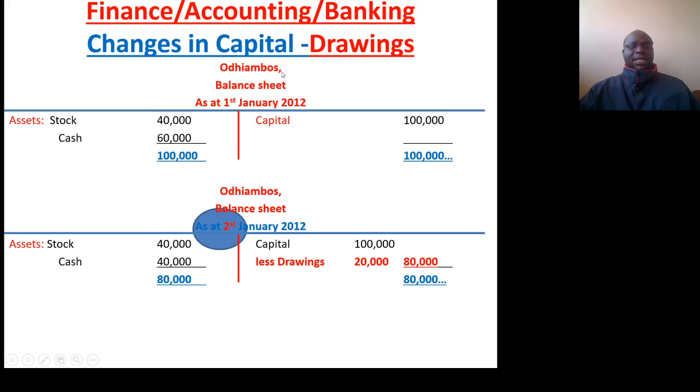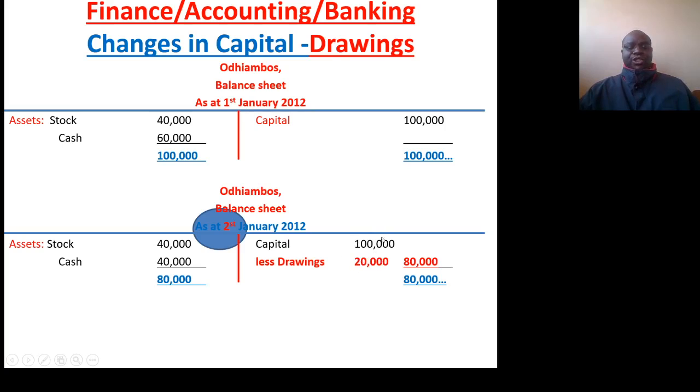So, this is how a balance sheet will look at the start and then when the transaction takes place. The first one, Odhiambo's balance sheet as at 1st January. The stock was 40,000 and cash 60,000. And we have said that that is the capital the business had as the year started. So on 2nd, Odhiambo took cash equivalent to 20,000 from the business to pay school fees.